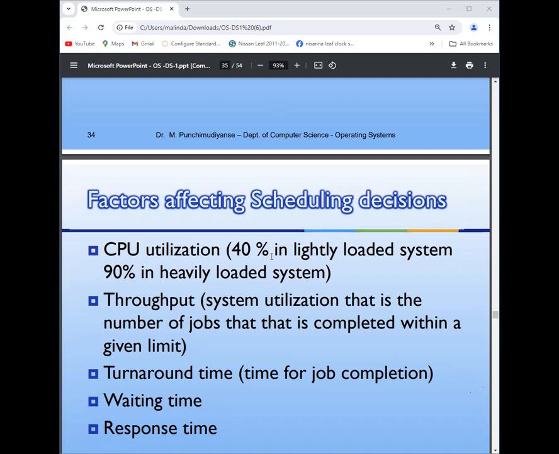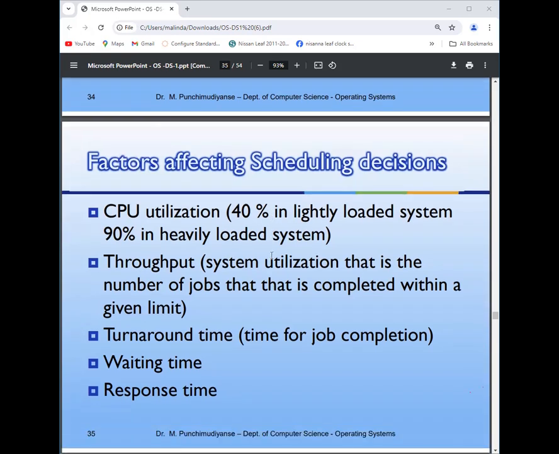So then the next thing is, if it is lightly loaded, we can actually have more time switching between processes. But if it is 90%, that is heavily loaded, that means only 10% of the CPU time is there for the switching.